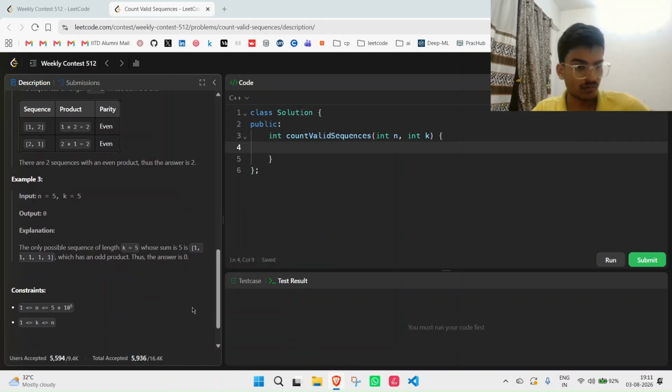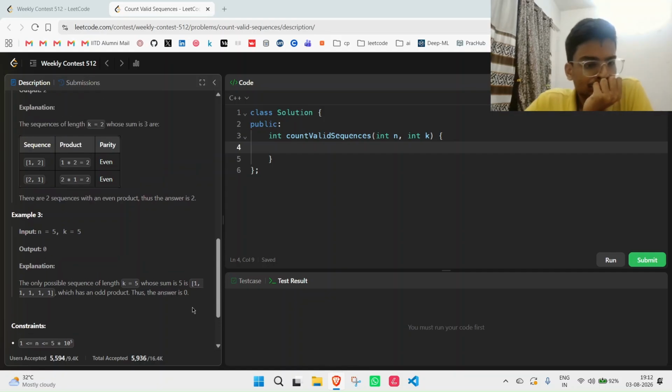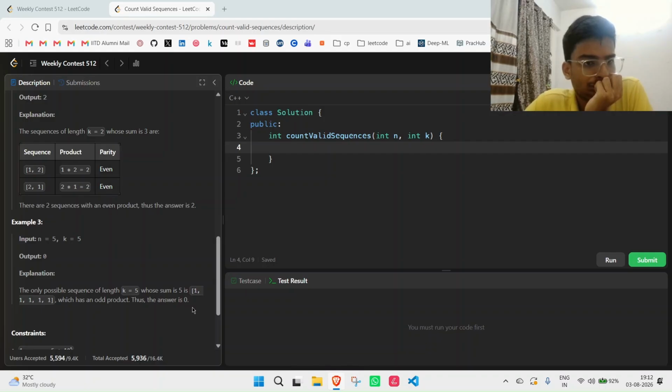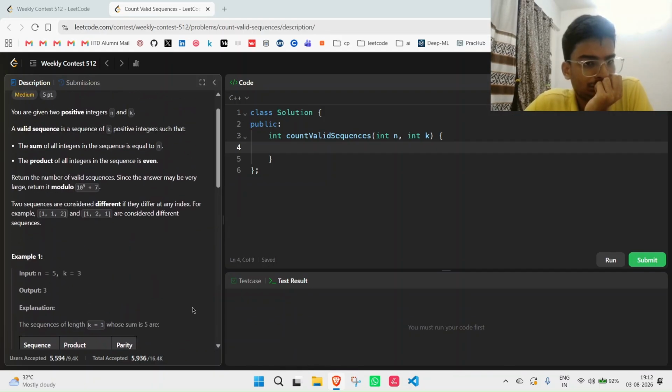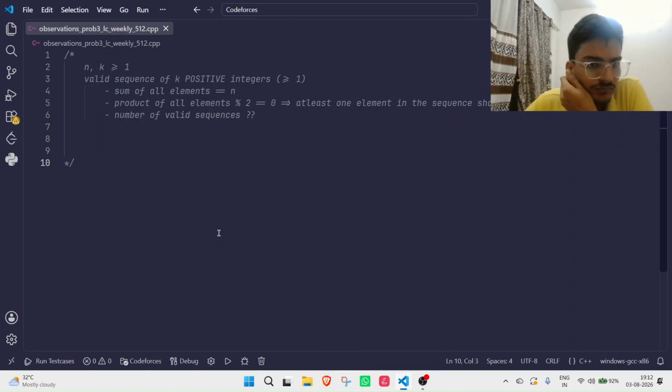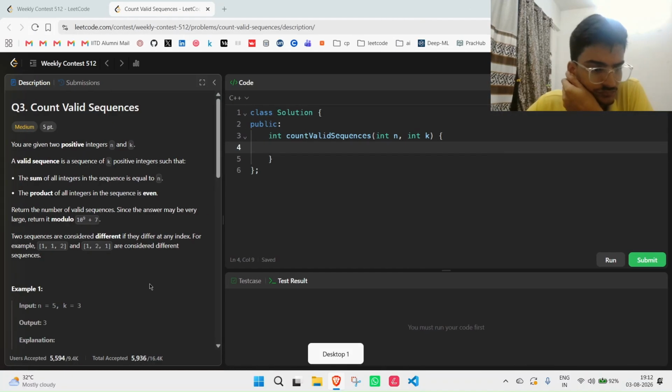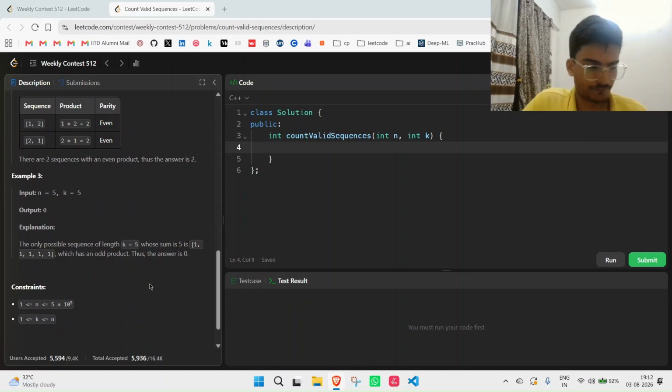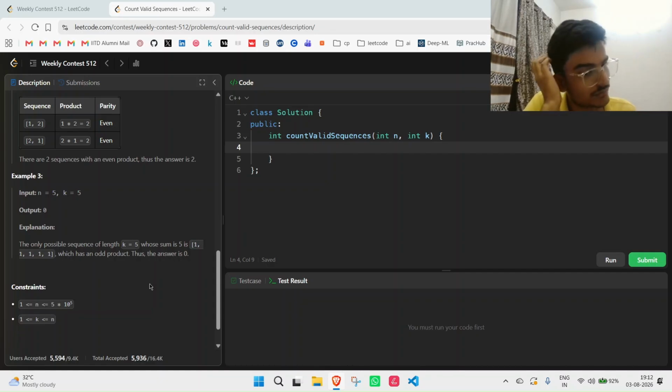K is equal to n. If n is equal to 1, suppose, then k has to be 1 itself.